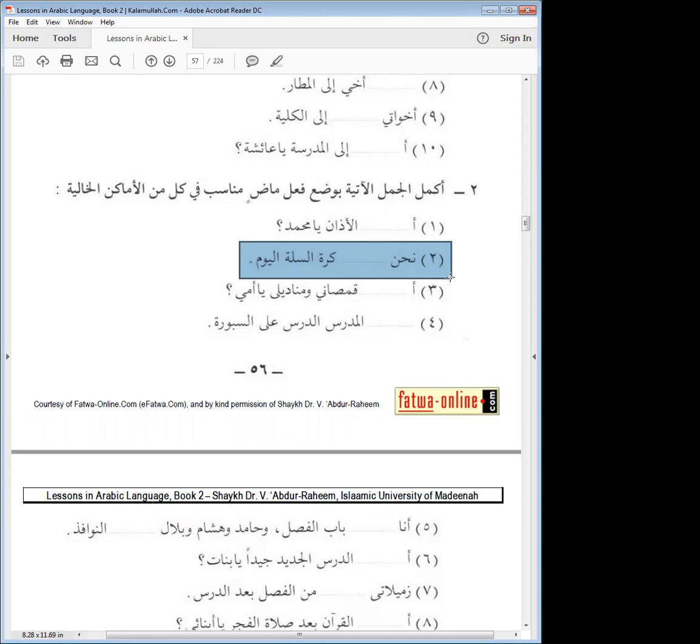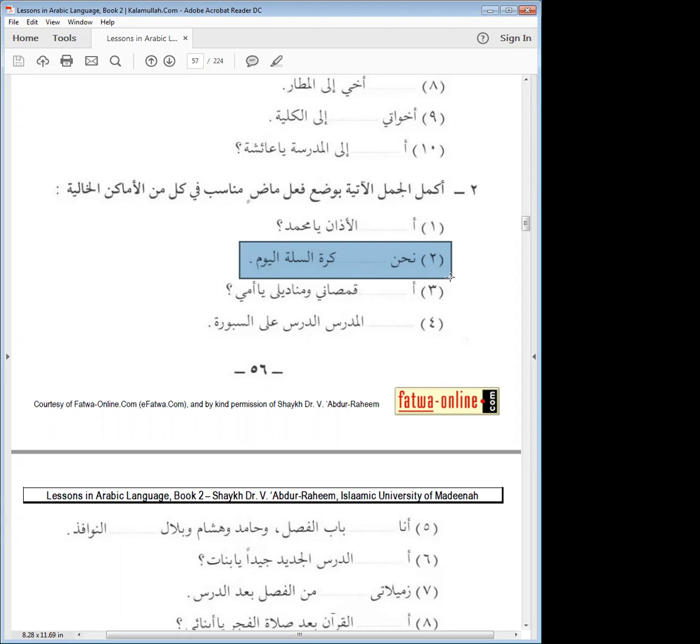First person plural. What is a verb we can use here? La'iba means to play. Alright? So what would it be? Anybody? لعبنا نعم. نحن لعبنا كرة السلة اليوم.